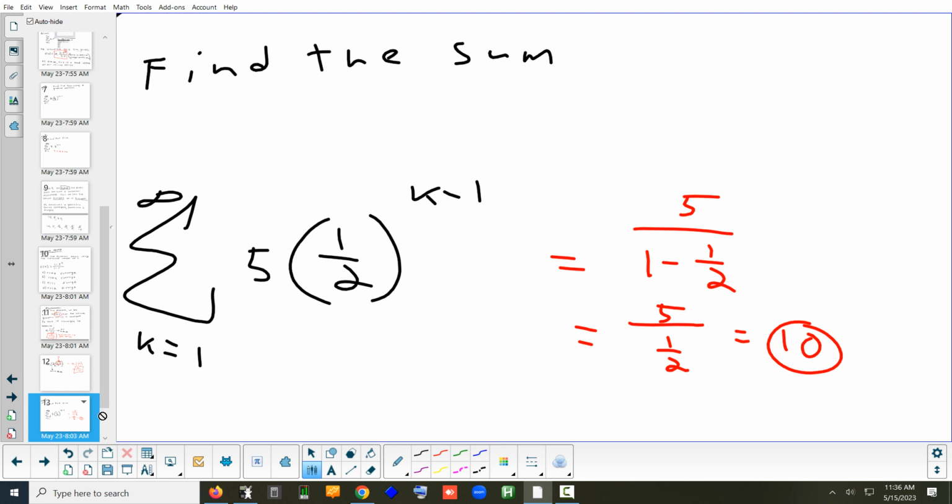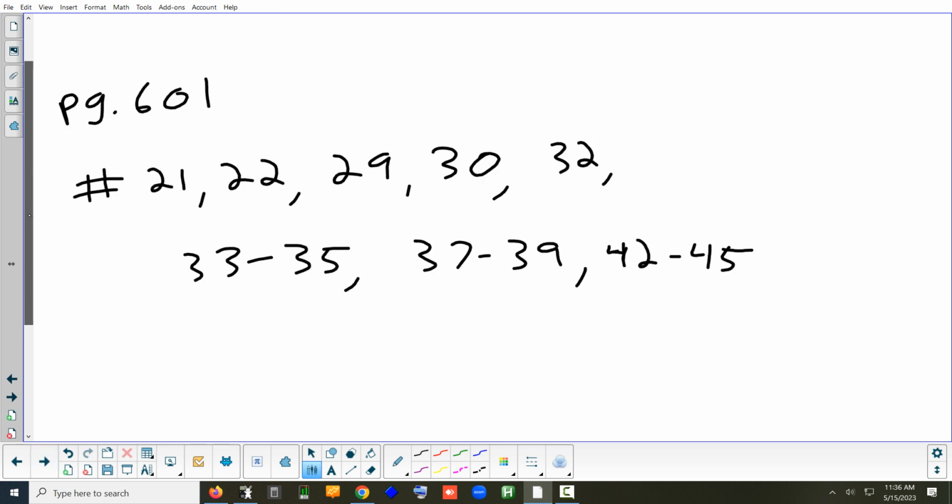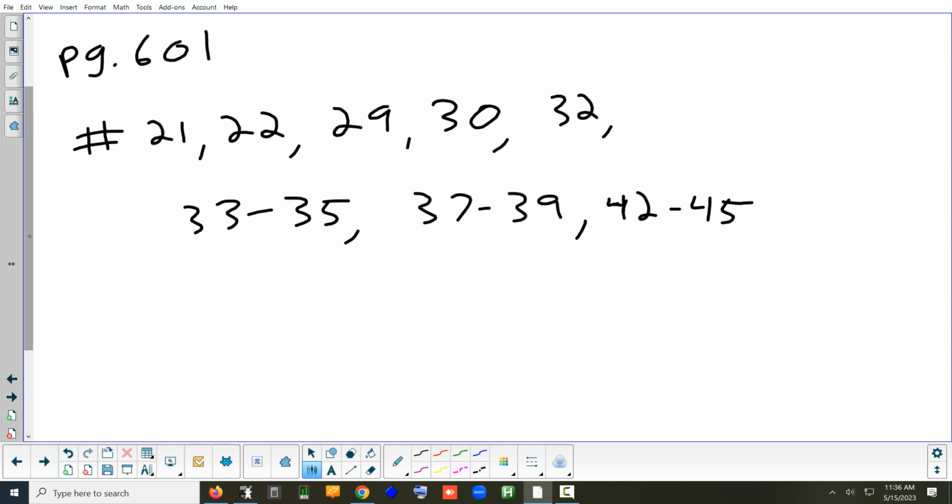Any question on that? That was 11.2, part 2. Pretty quick. So tomorrow we'll do 11.3, which is a little different, and then we'll do 11.6 on Wednesday. So that's homework for tonight.